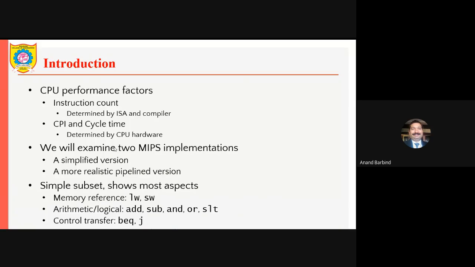The high level of pipelining, which is supported by the MIPS kind of processor, is not supported by the processors of the other type, its rivals, that is the CISC type of processors, that is the Pentium and all that.